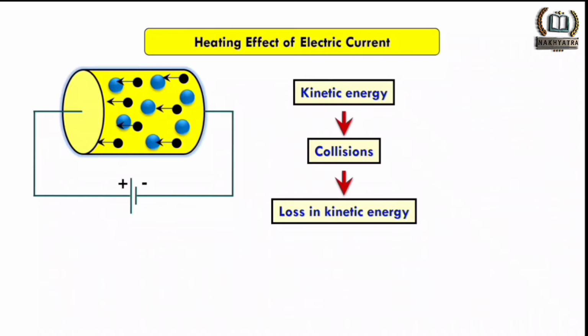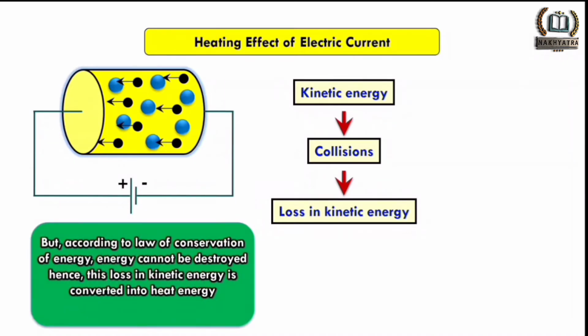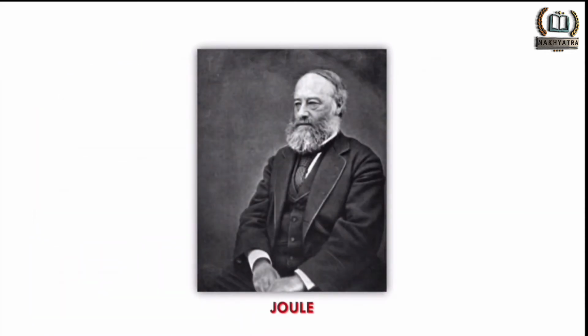So see here how it is converted into heat energy. Because we know that according to the law of conservation of energy, energy can neither be created nor destroyed. It can only be converted from one form to another. So here the kinetic energy is converted into heat energy. Is that clear? Okay.